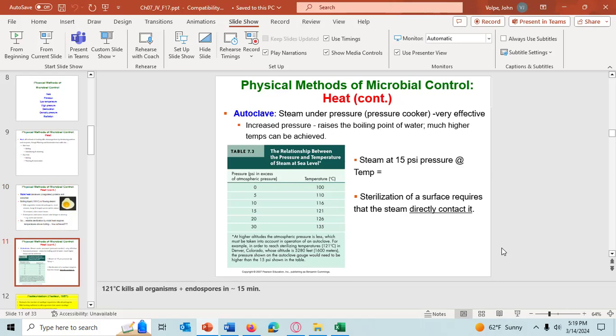So 15 minutes at 15 pounds per square inch, which is the standard operating pressure for an autoclave, at 121 degrees kills all endospores. It's the increased pressure that raises the boiling point of water so that much higher temperatures can be achieved.